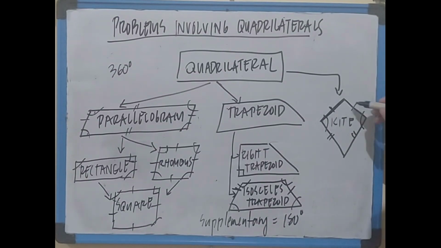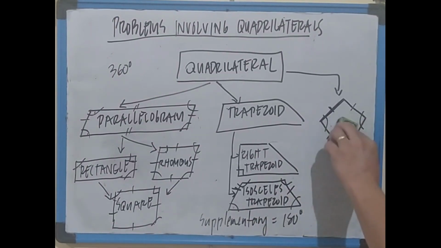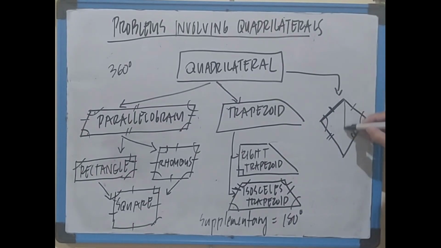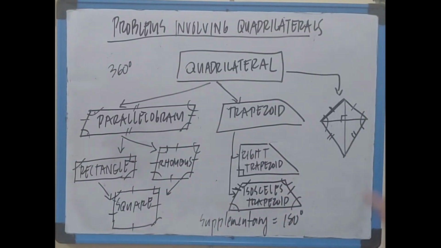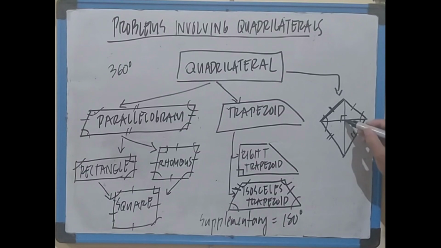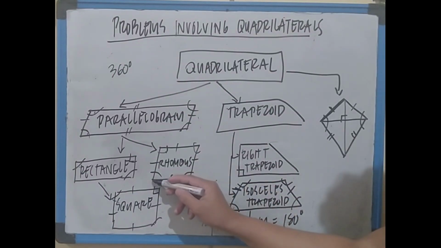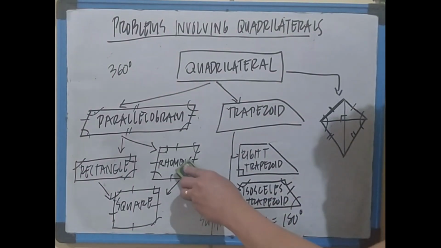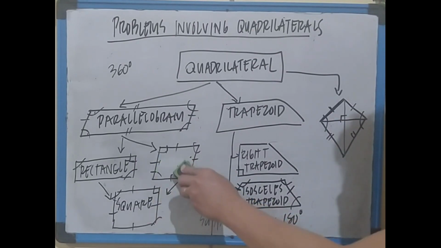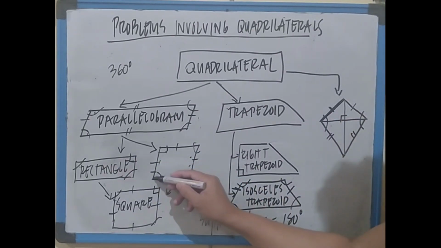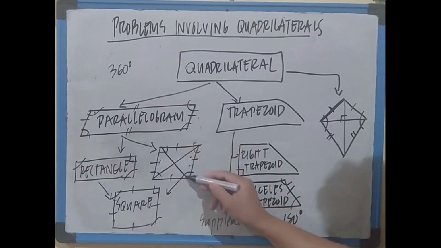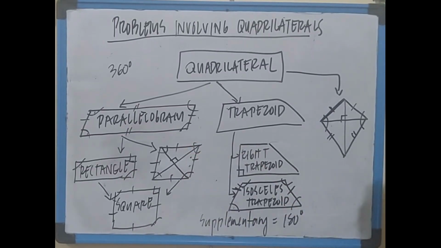Also, if we draw the diagonals ng KITE, they will form a right angle at the middle, kung saan sila nag-meet. Same with the rhombus guys pala. Sa rhombus, ganun din. Kapag naglagay tayo ng diagonal sa rhombus, we can have also what we call right angle. Okay? So, tandaan nyo po palagi ito.